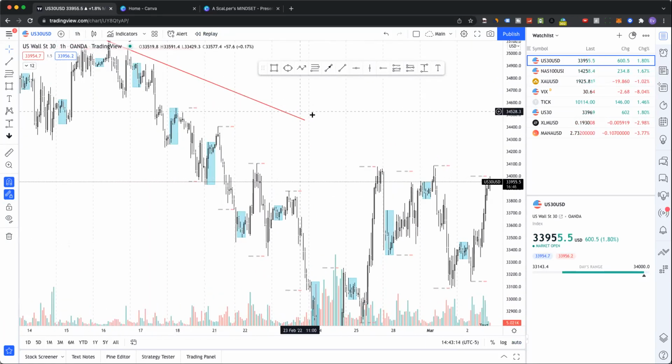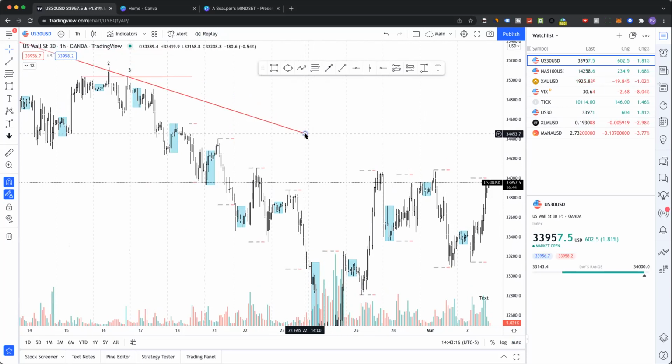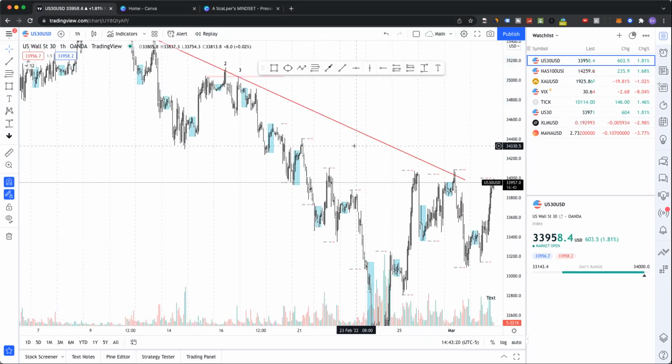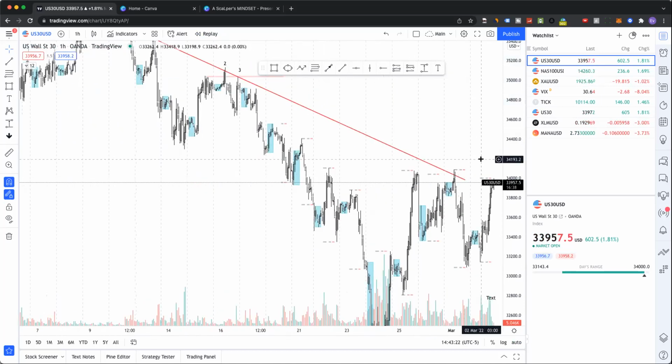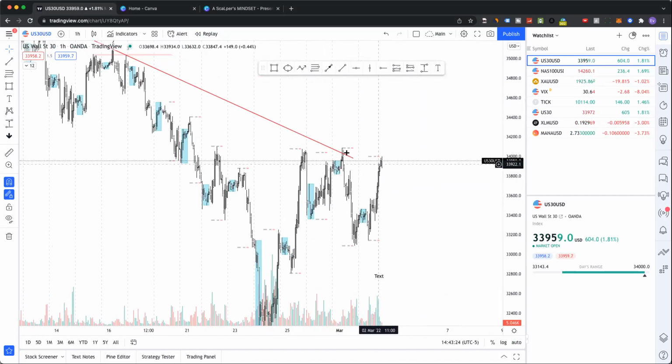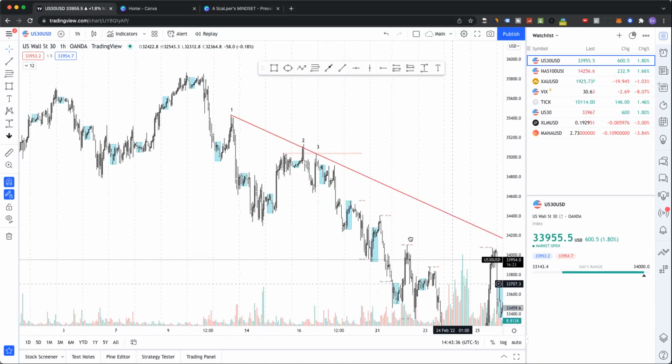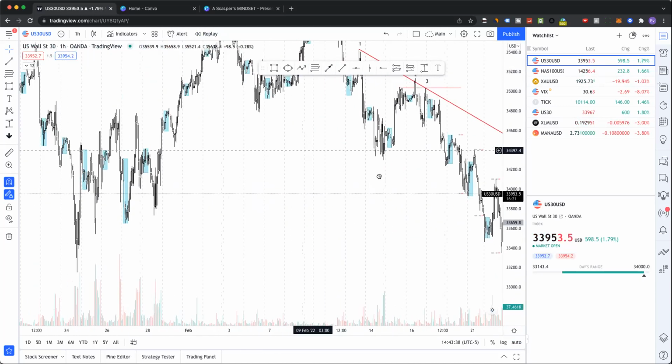Okay, and as we see, these trend lines do get respected. So we don't know what happens here, obviously, but typically after the third tap, you're going to see some sort of stop hunt against the trend. Okay, so if we get a continuation, then we can look for another QMC to the downside. Okay, so it's very simple.